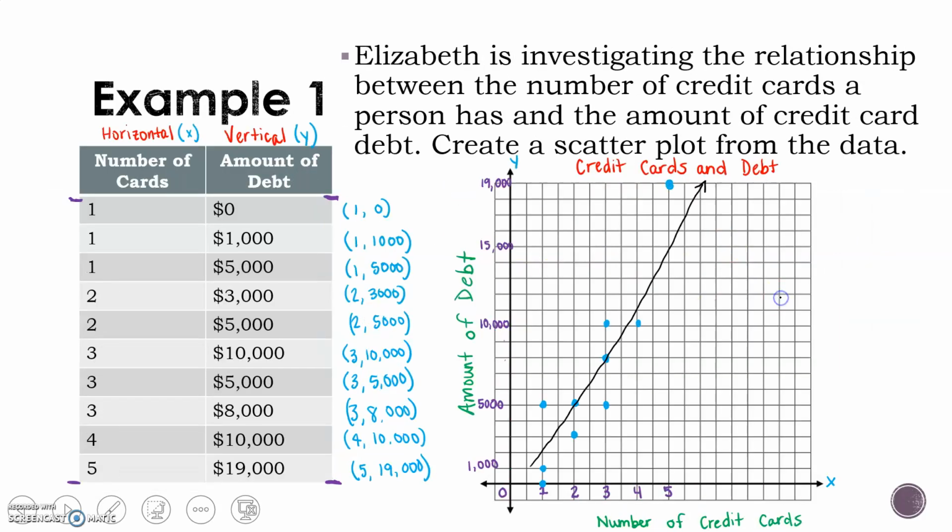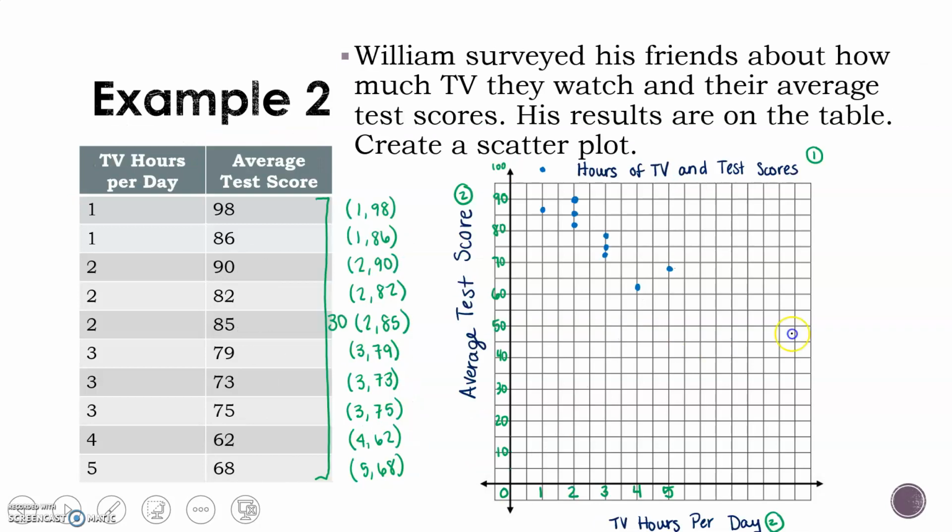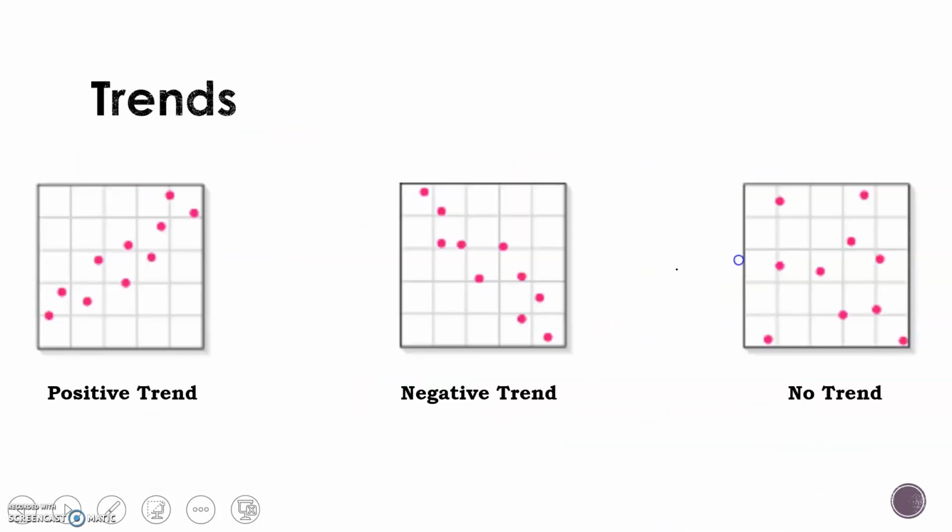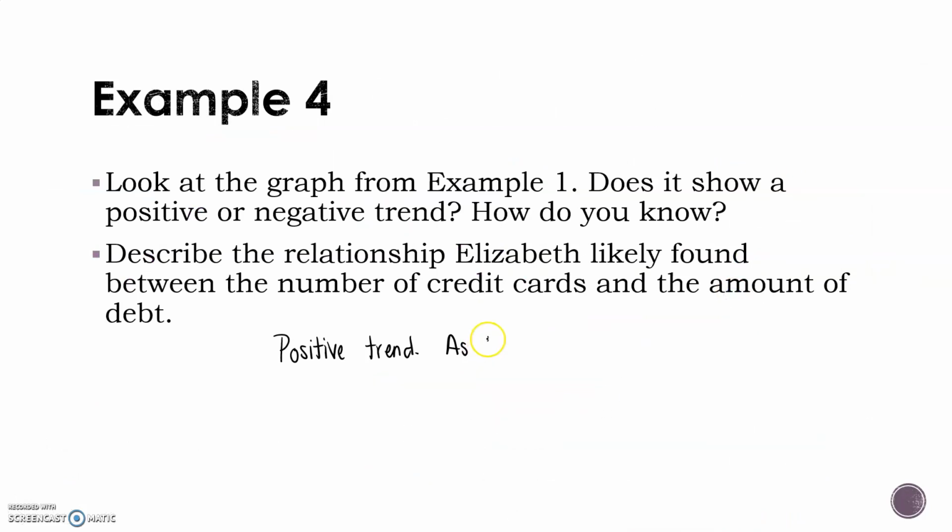Let's look at our axis. As the number of credit cards increases, the amount of debt increases. So we would say as the number of credit cards, I'm going to abbreviate it to CC for time's sake, as the number of credit cards increases, the amount of debt increases.